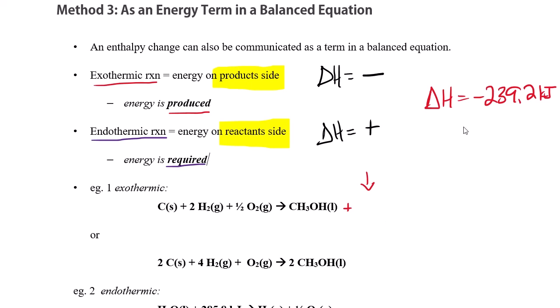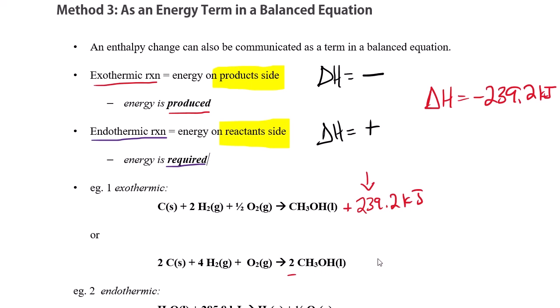So the energy is going to be produced, and it doesn't produce negative 239.2. The sign doesn't have meaning here. We can't produce negative energy. We're producing 239.2 kilojoules of energy.